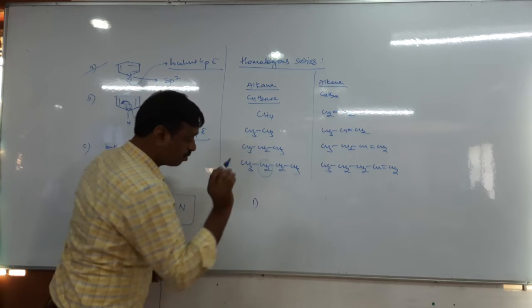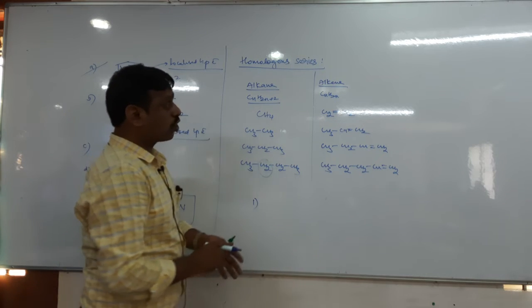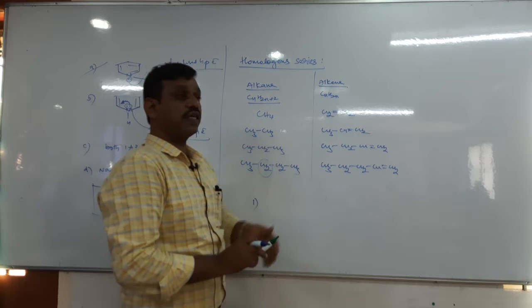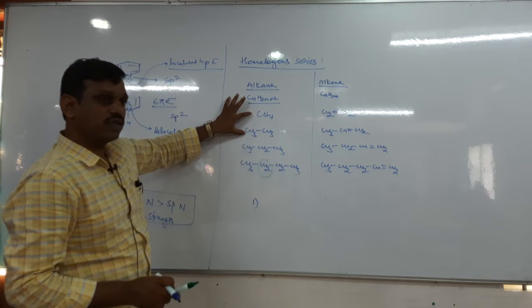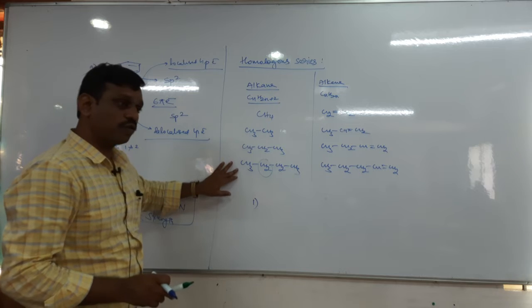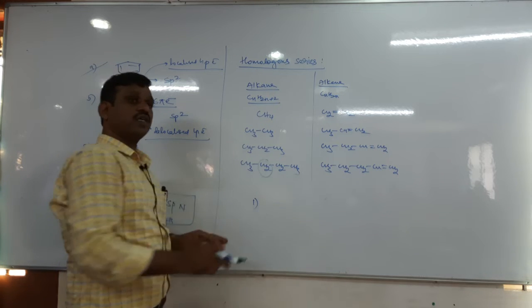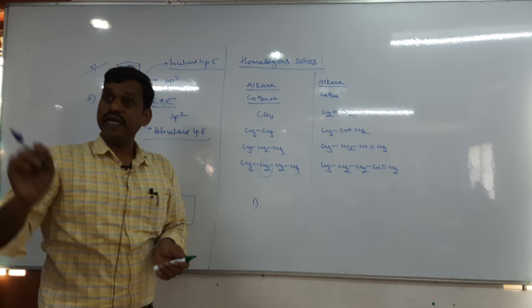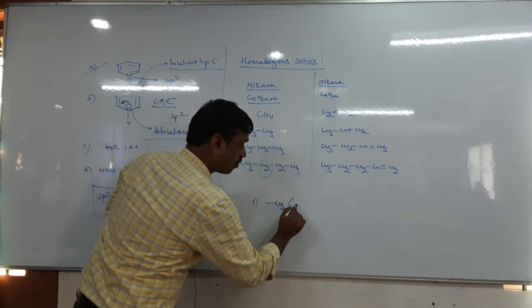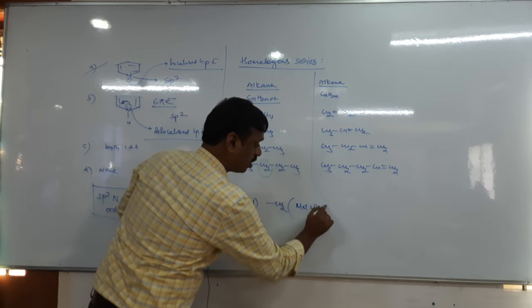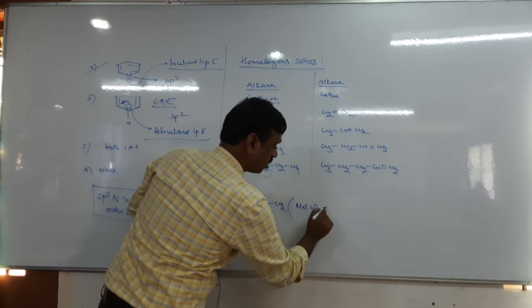First characteristic: the consecutive members of a homologous series must differ by only CH2. For example, the first two members, second and third, third and fourth. Any two adjacent members are called consecutive members. They must differ by CH2 and by molecular weight of 14.